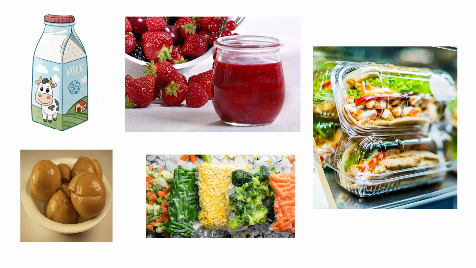And pickle, using salt, the process of salting, the lime will extend its shelf life for a year also. And there are vacuum packaging, aseptic packaging, and frozen foods. So many preservation methods we are following to preserve food from spoilage or microorganisms.